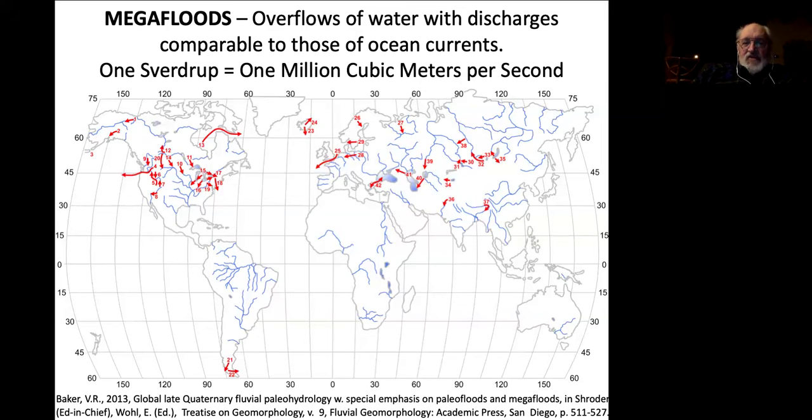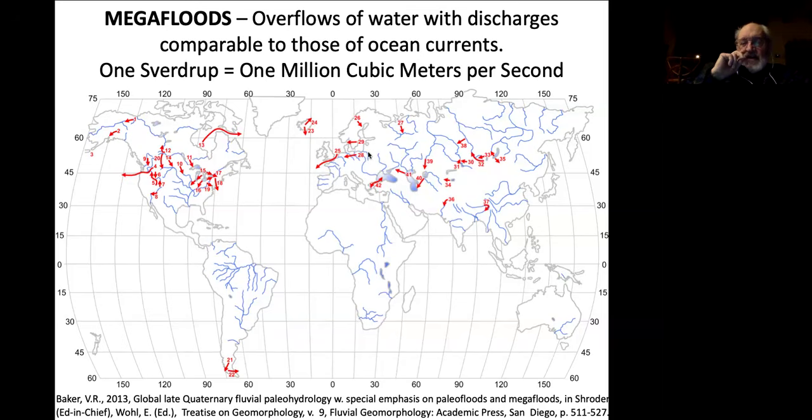I'm talking about the biggest floods that have been observed by people in historic times. They are typically tens of thousands of cubic meters per second. So millions of cubic meters per second are 100 times that, and some of these floods are even more than that.